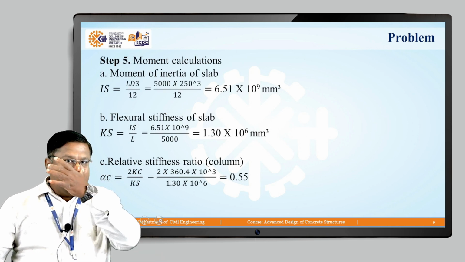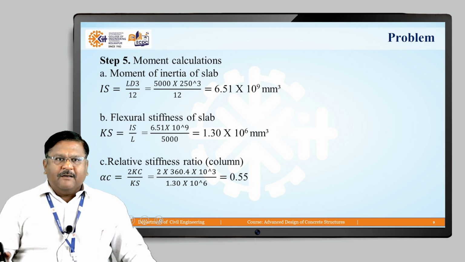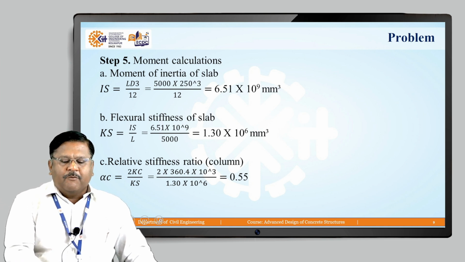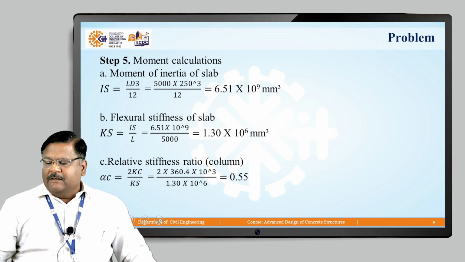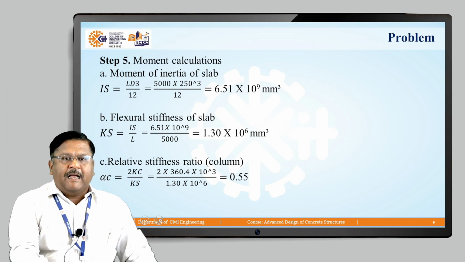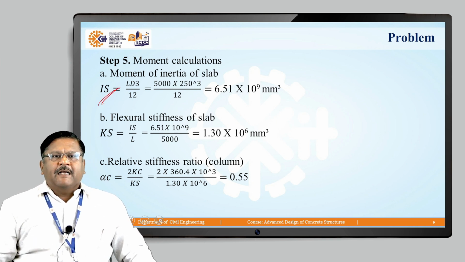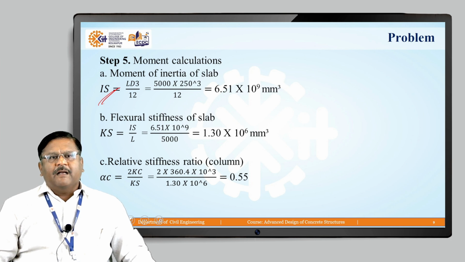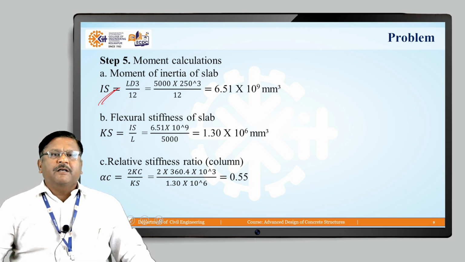Next thing, moment calculations. For that, first of all, you want to calculate the moment of inertia of slab, that is denoted by Is. So Is is equal to L into D cube upon 12. L is nothing but the span of the flat slab, that is 5000, and D is the overall depth of the flat slab, divided by 12.